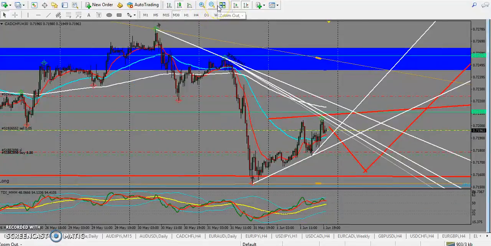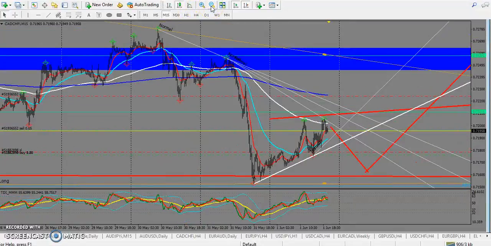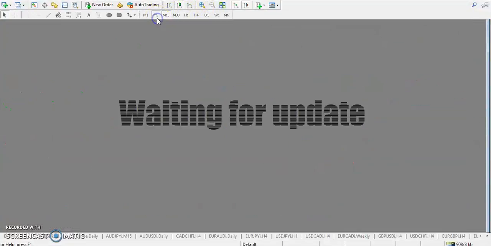Just look for your patterns within these zones. Always scan down the smaller time frames. I mean, that's what they're for, to get a more in-depth analysis on these things.